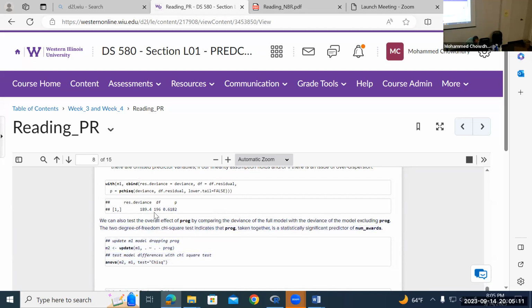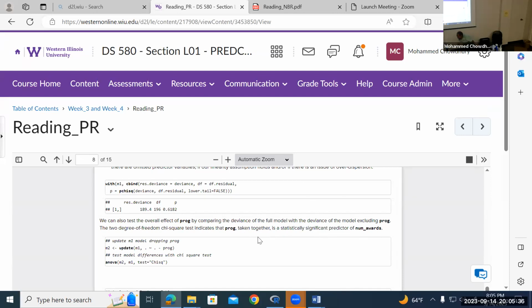you are talking about this one, right? Yes. Okay, now see what they are doing. We can also test the overall effect of program by comparing the deviance of the full model with the deviance of the model excluding the program. The 2-degree-of-freedom chi-square test indicates that program taken together is a significant predictor for the number of absences.